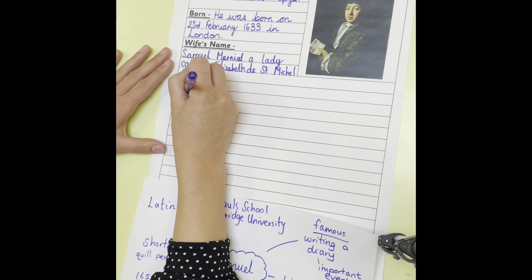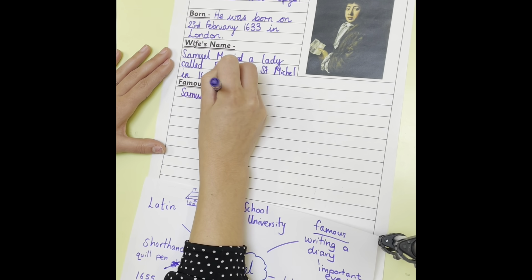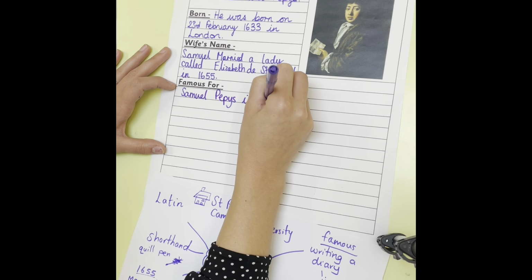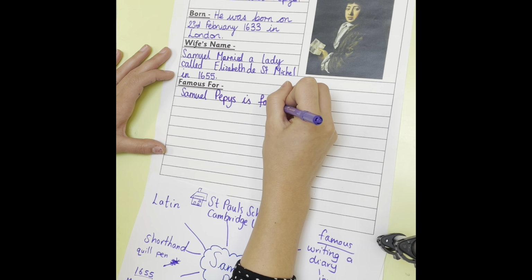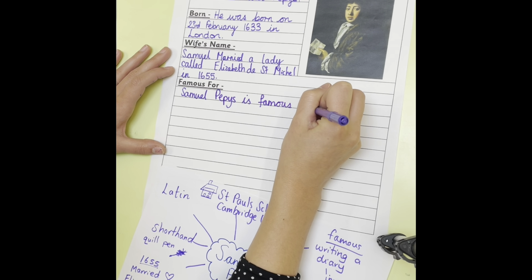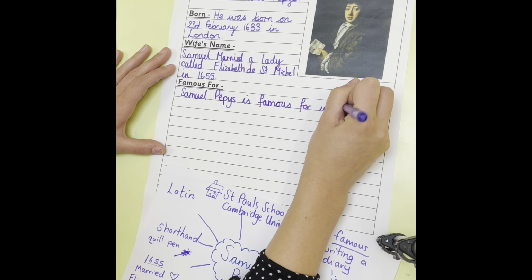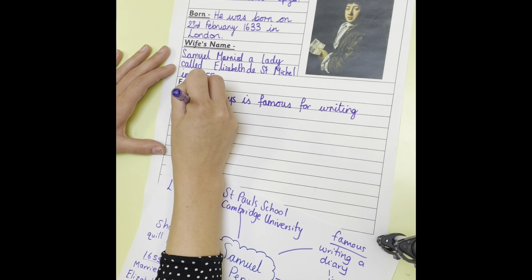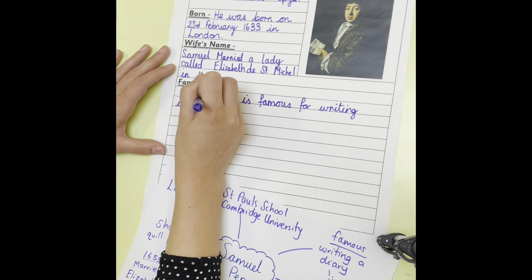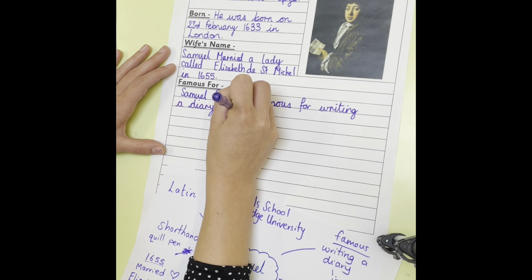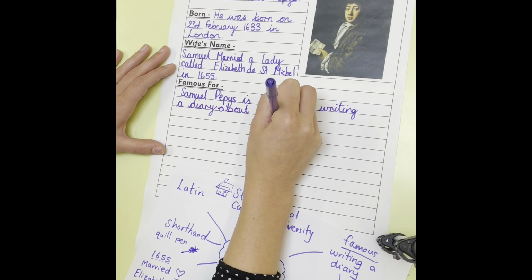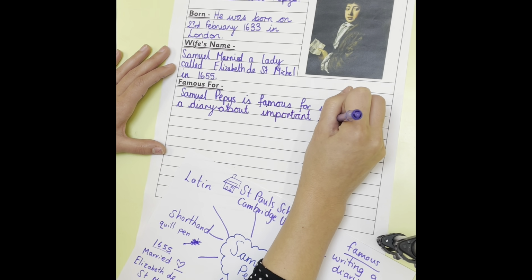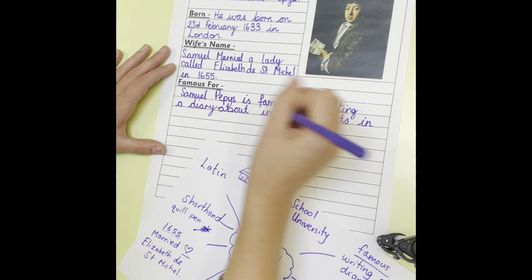So, Samuel Pepys is famous for, and I can use the words famous for from here, famous for writing a diary about important events in history.